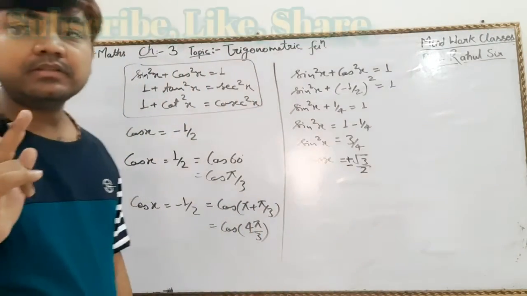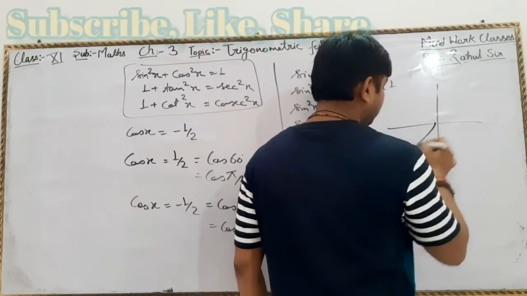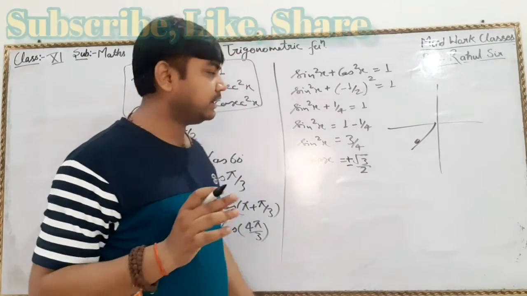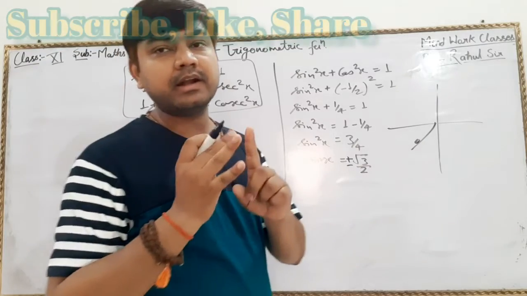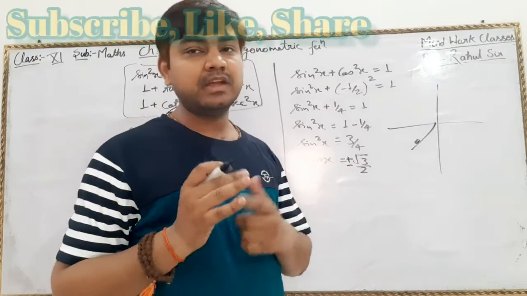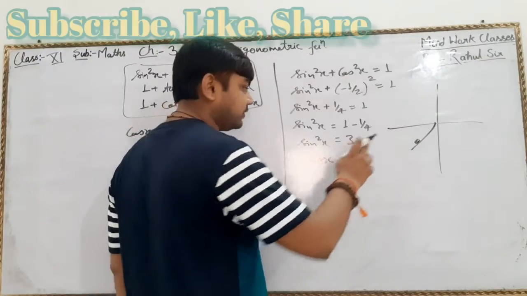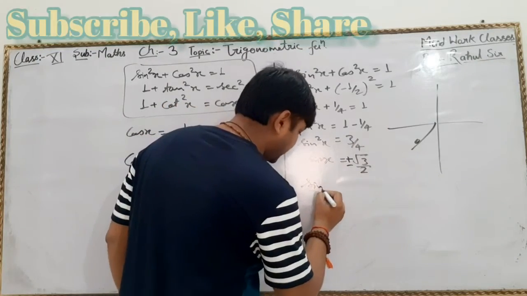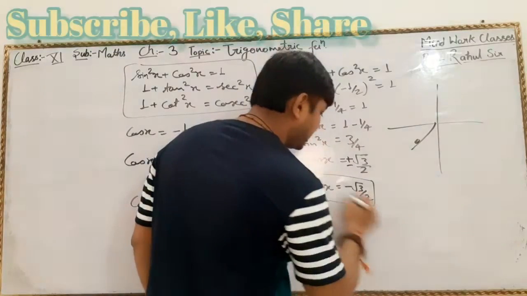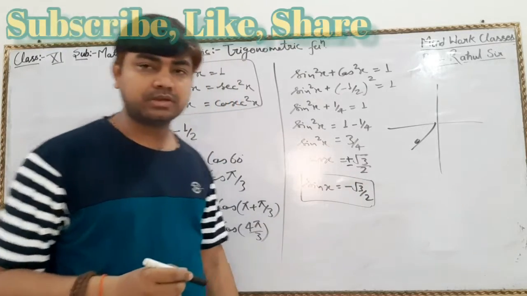X is in the third quadrant. If x is in the third quadrant, we know that in the third quadrant only tan and cot are positive. The rest of all other functions' values are negative. Hence, this positive sign cannot be possible for the third quadrant. So sin x will be equal to minus root 3 by 2, not plus root 3 by 2.